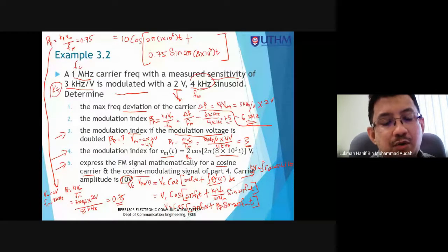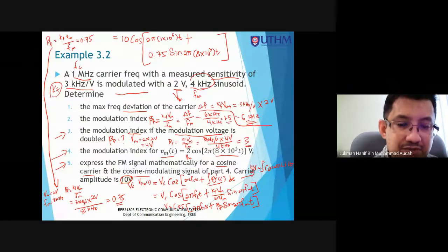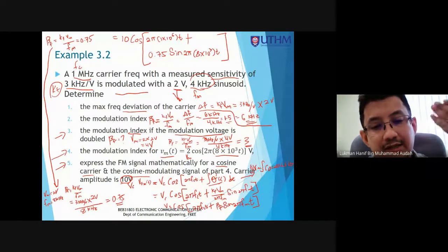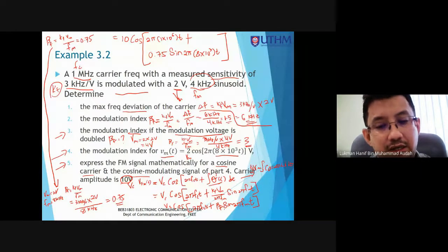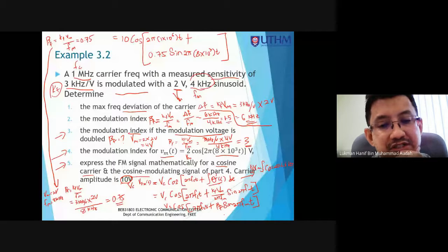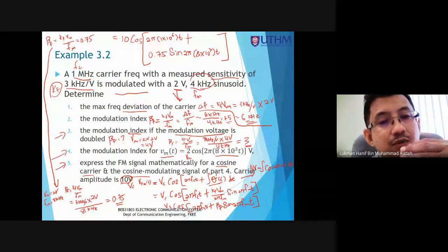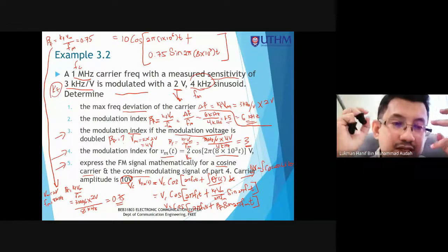So when you answer these questions, you can begin like this, macam apa yang saya buat ni, from cos, and then we do the integral, and then finally we can put the value of beta F, because we already got the beta F. Previously you defined the FM equation without inserting the values. So sekarang kita dah masukkan nilainya. So sekarang baru you nampak bahawa FM equation ini bentuknya seperti ini.